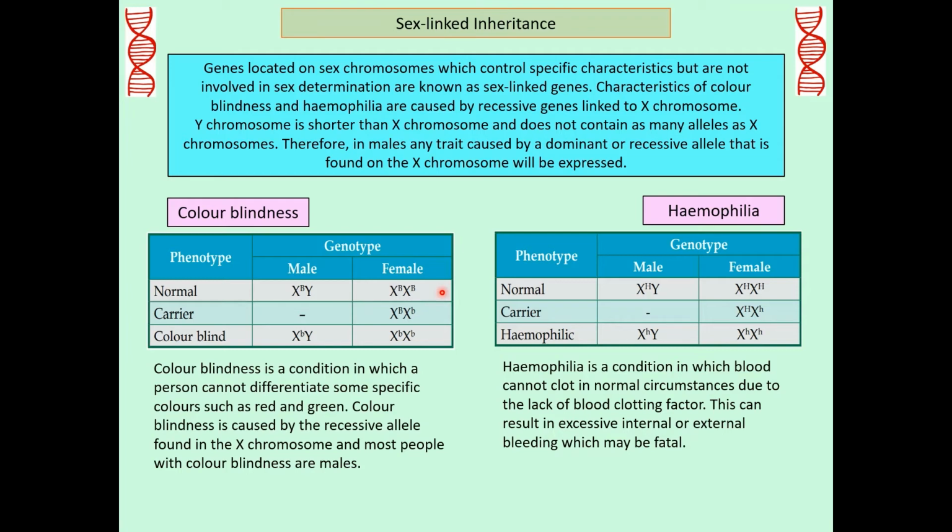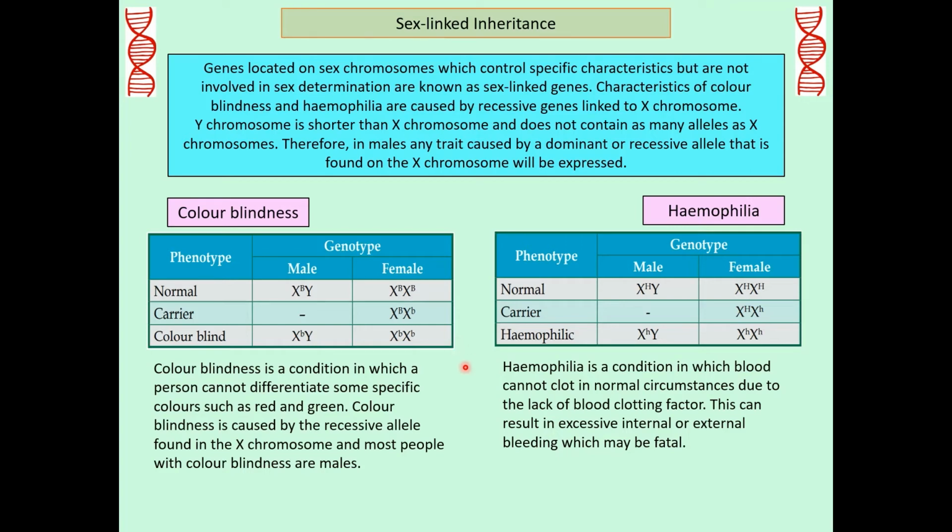Normal phenotype for female: there is a dominant allele on both X chromosomes. Carrier: a male cannot become a carrier because he has only one X chromosome, so if the X in a male carries a recessive allele, the male becomes color blind and not a carrier. A female can become a carrier when one chromosome carries one recessive allele. For color blindness in males, when one recessive allele is present, the male becomes color blind, but for females, two recessive alleles are needed, one on both X chromosomes.